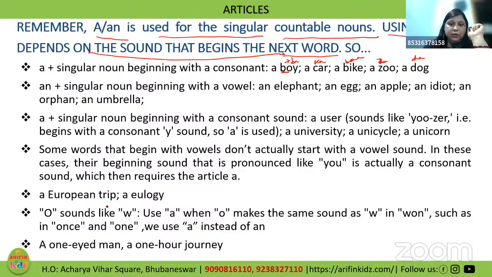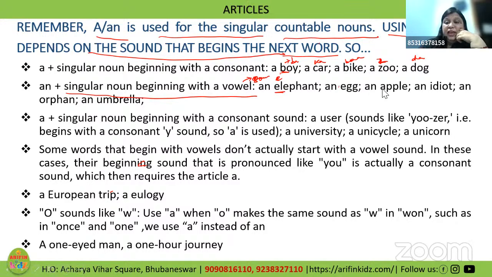And an, as you can see, is used with a singular noun beginning with a vowel. And what is a vowel? A vowel sound. Like when E is giving us the sound of a: egg, elephant, apple.